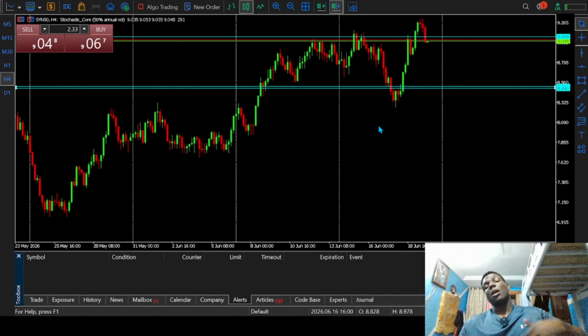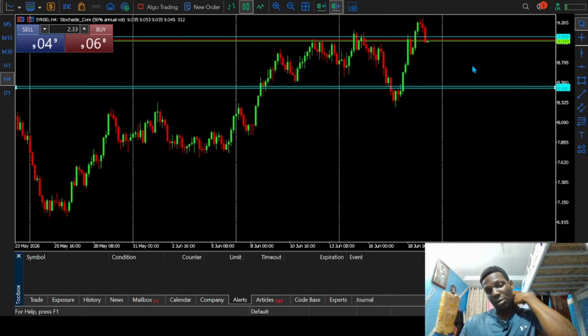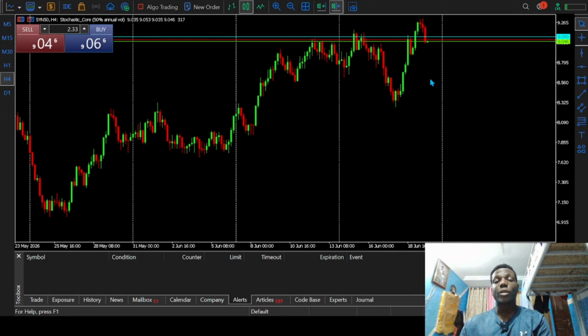So now that we have already gone over what we had already seen the market do, let's see what the market is about to do, or what we think the market might probably do. First of all, I want to punch out a bunch of fair value gaps.